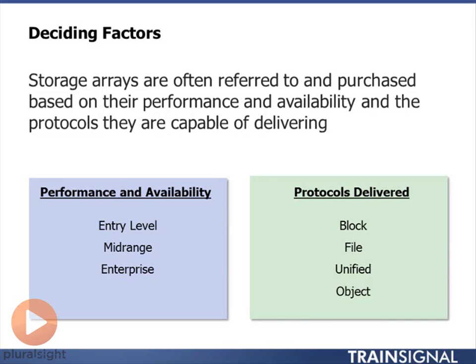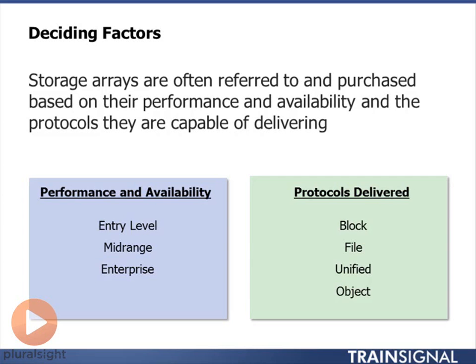Performance is usually based on how much front-end cache it has, and we'll go over what cache is in forthcoming lessons, and how many spindles, or disks, it is capable of supporting. Now SSDs really put a twist on this, but traditionally that was what was looked at. How redundant it is, that's where the availability piece comes in. Those are some items you would address when considering performance and availability.